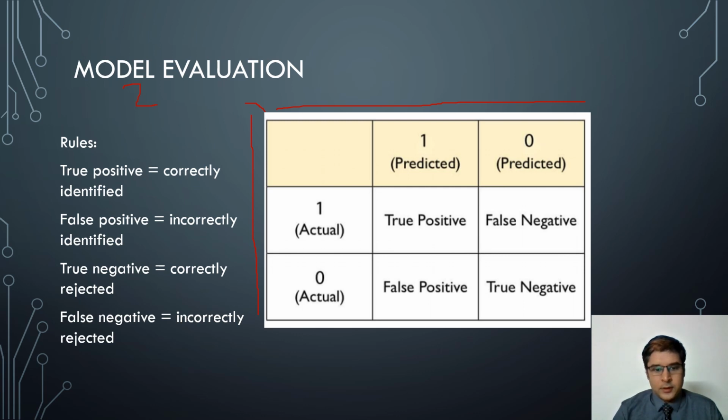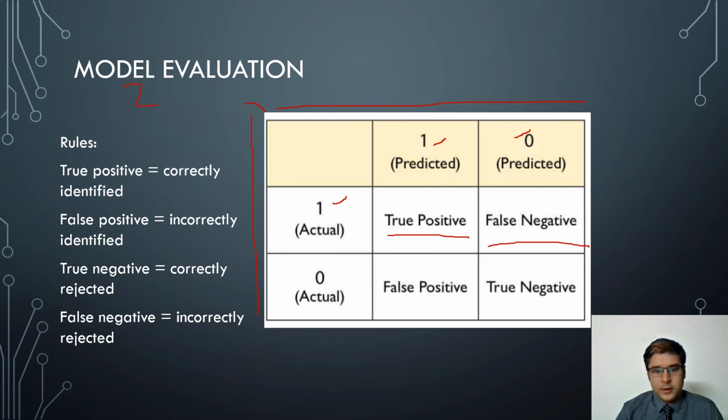So given the actual value of z is 1 and we predicted it as 1, it will be counted towards true positive value. If it is 1 and the model predicted it as 0, it is false negative.